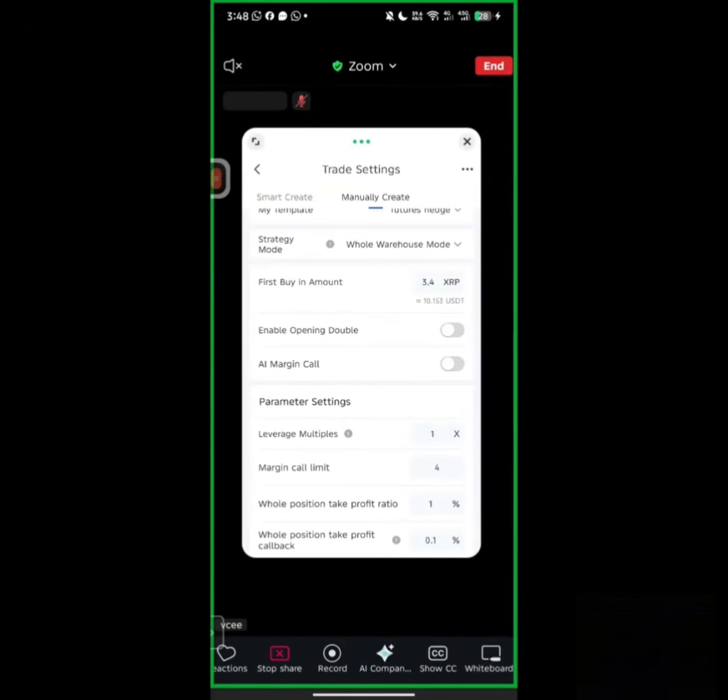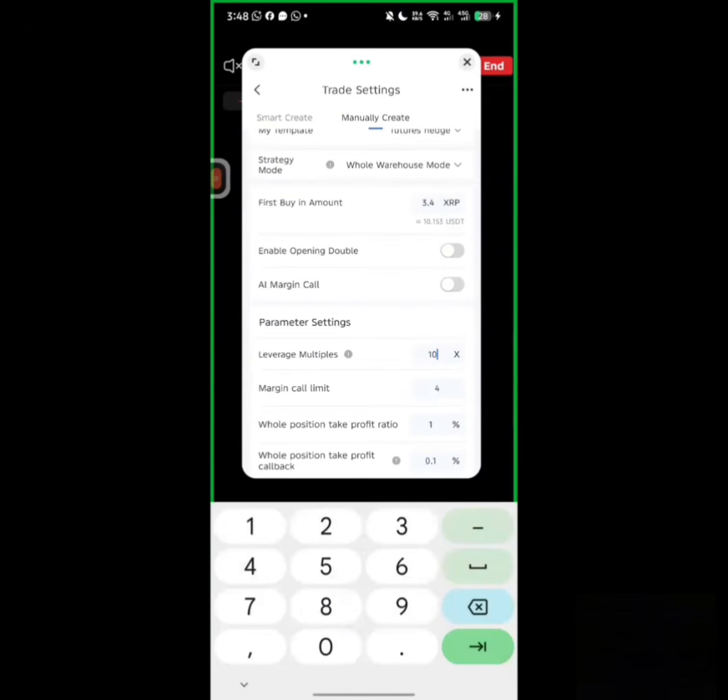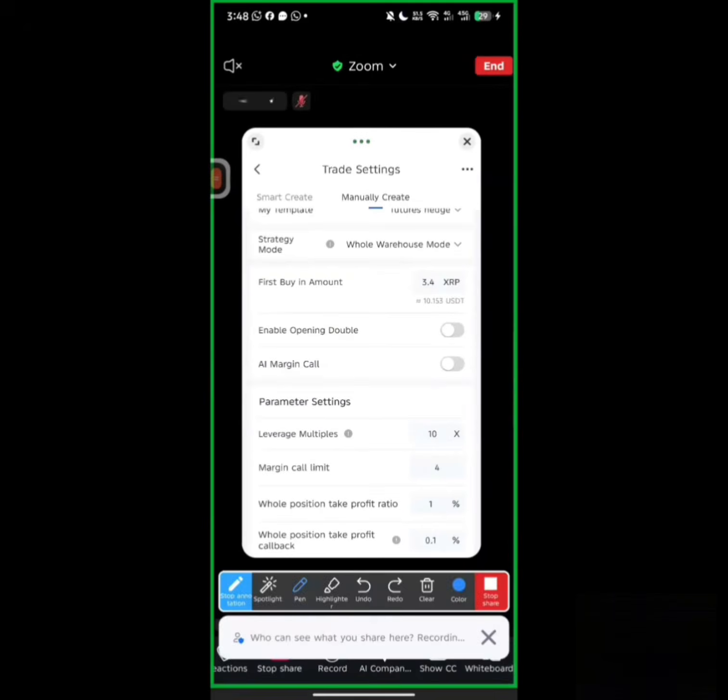The leverage multiple should be 10. This is the recommended leverage that you should use with the 10% capital that you have used. Don't be afraid to use 10x leverage, because you have used just 10% of your capital. I recommend you use 10x leverage for all your trades, okay?